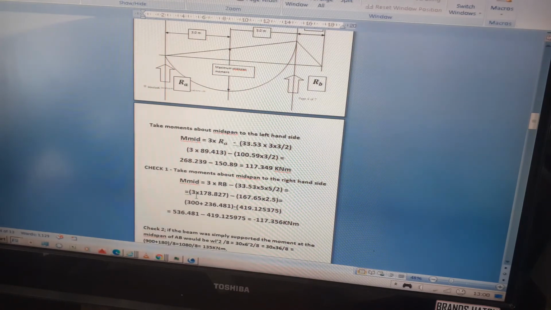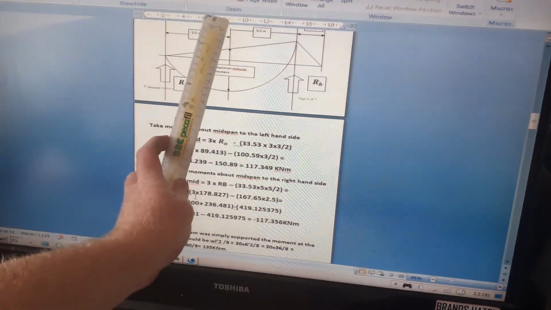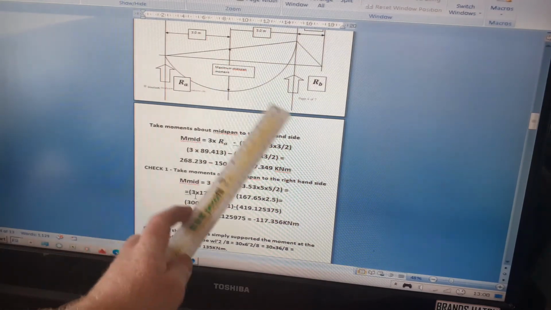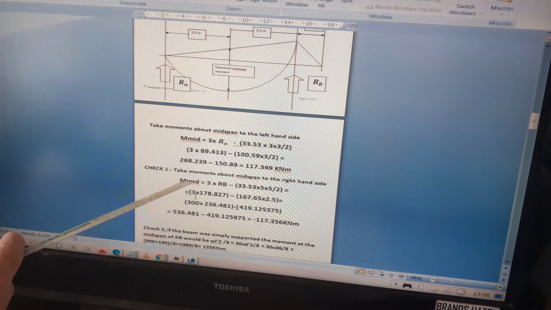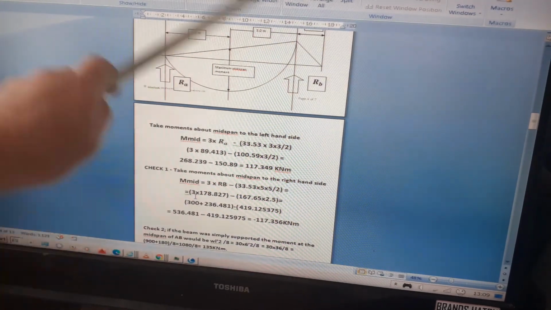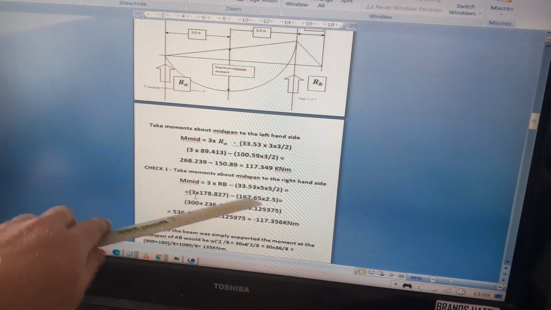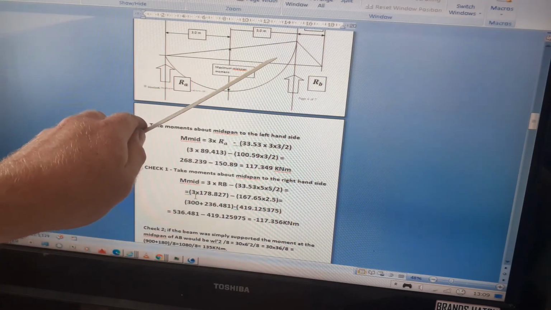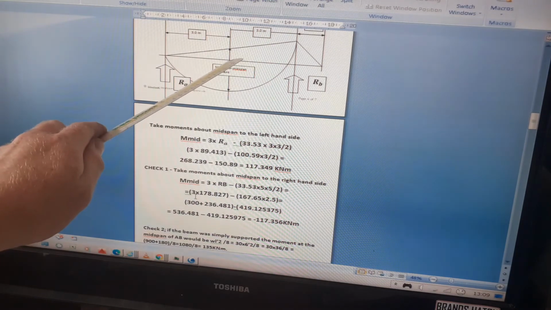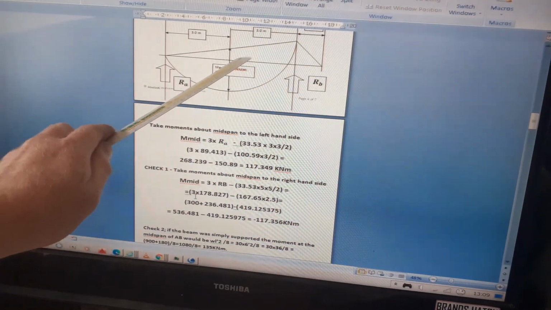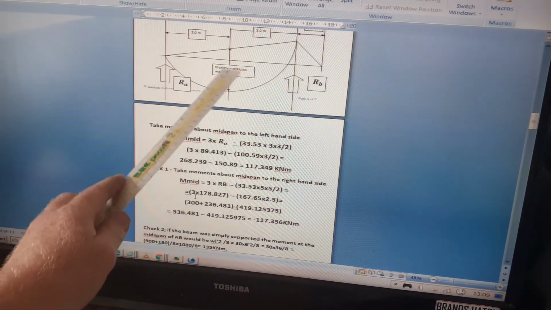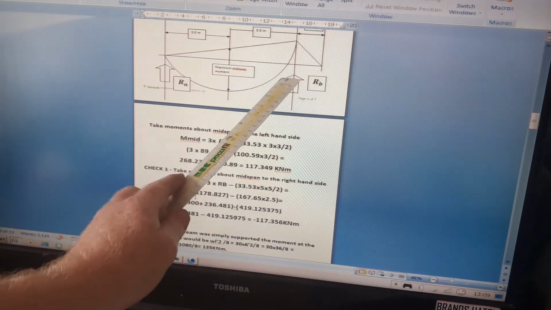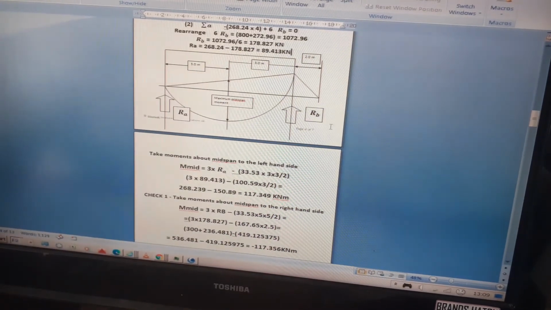That's the first method. And then if we want to check this, if we cut a line down the middle of the beam, we can take method of sections on the other side. Then we've got the moment at the midspan is 3 times RB, which is anti-clockwise, minus the moment from the UDL over the beam on the right-hand side of the middle of the span. That length between the middle and the end is 3 meters plus 2 meters, which is 5 meters.